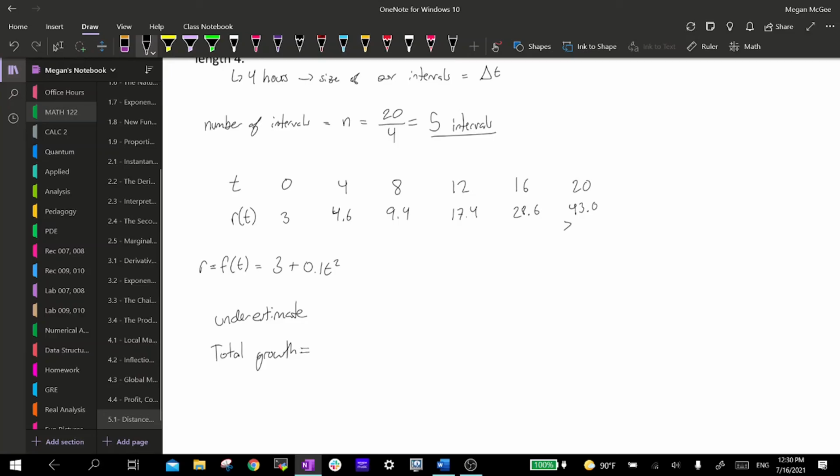Well, that's going to be equal to our time interval, which is 4, the length of our interval, times the slowest growth rate possible in the first 4 seconds, which is 3. So 4 times 3. But then we need to add that to the interval again, times the slowest possible growth rate between 4 and 8.